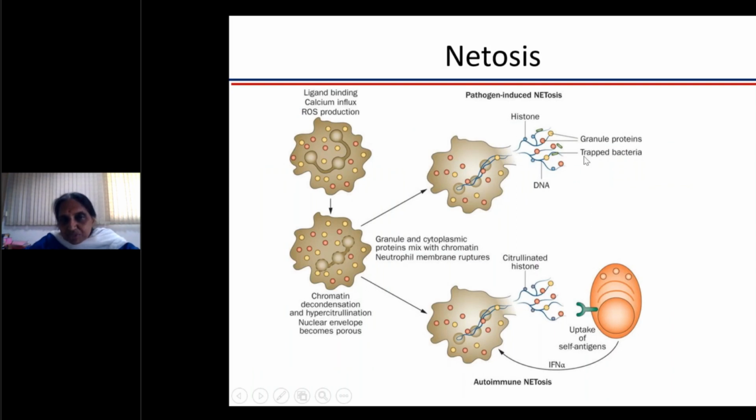The DNA comes out of the neutrophil cell membrane, and as we know, the DNA is always in association with histones, and it also contains certain enzymes like myeloperoxidase and cathepsin, plus antimicrobial peptides. So these will trap the bacteria. Because of this meshwork, the bacteria present in the vicinity of this neutrophil will get trapped inside, and because it contains antibacterial compounds, those compounds can kill the bacteria.